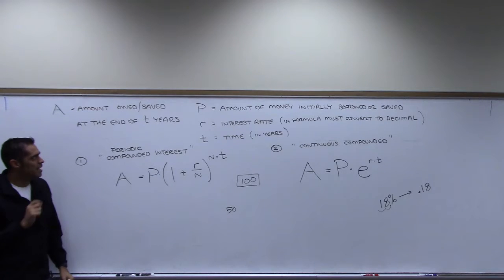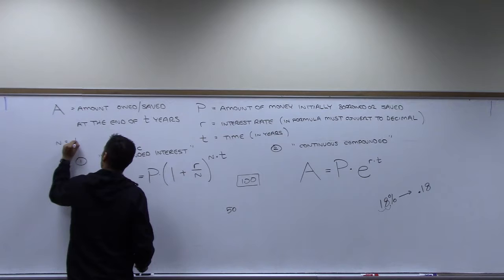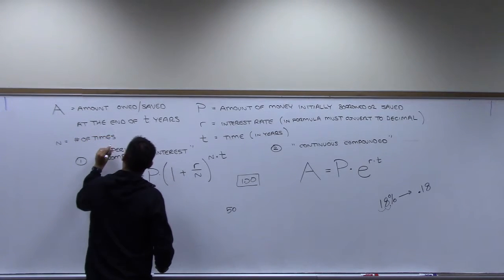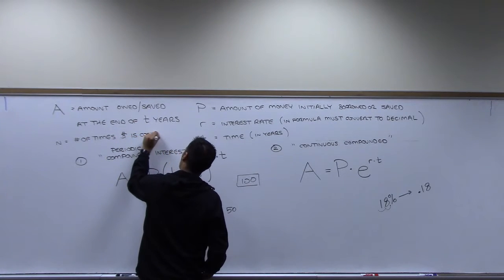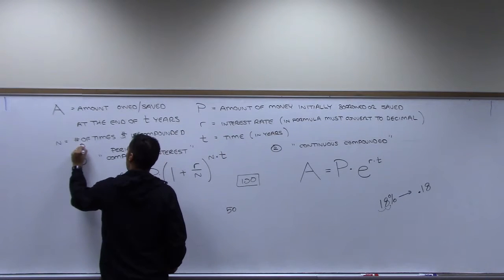All right? So the N in the problem is officially the number of times the money is compounded per year.